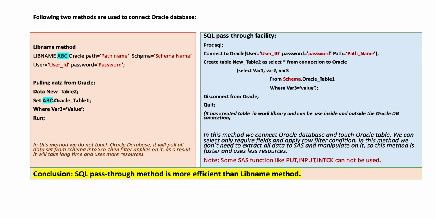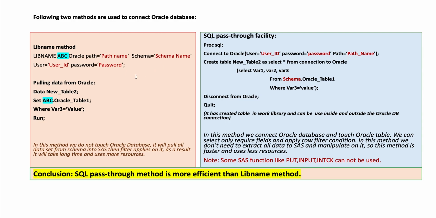Here schema means it can hold a number of tables and views. After successful connection of this libname statement, we have access to extract data from this schema, which holds a number of views and tables.